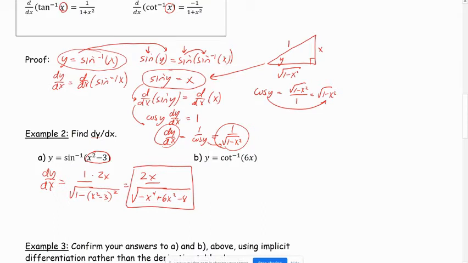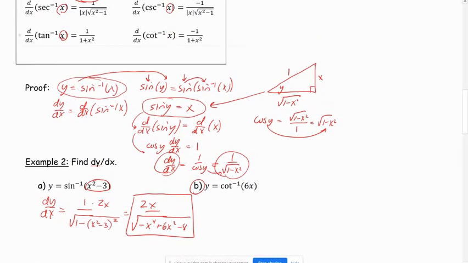Okay, so go ahead and pause your video and try example B, referring to the inverse cotangent derivative that's in the table above. Okay, so in this table we have 6x in place of where the x normally is, and so we're also going to have to put 6x in place of that x when we take the derivative.